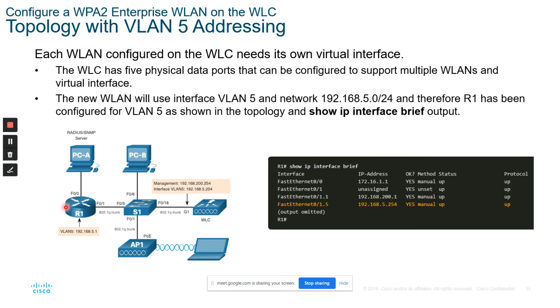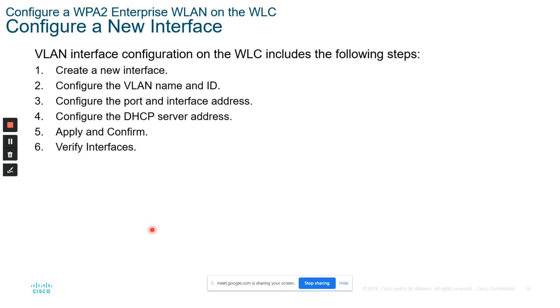And we've got the router, which has the IP address of 192.168.5.1. Now we will be configuring this on our WLC, which is the wireless LAN controller.